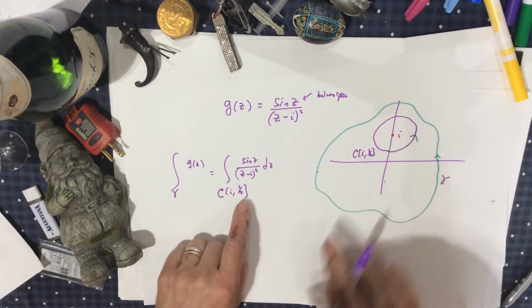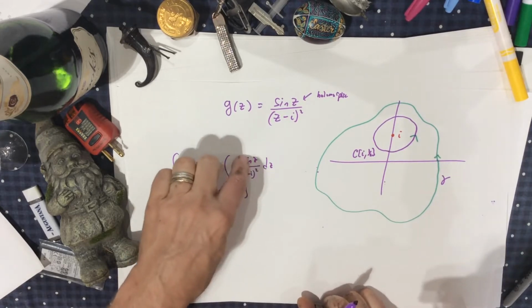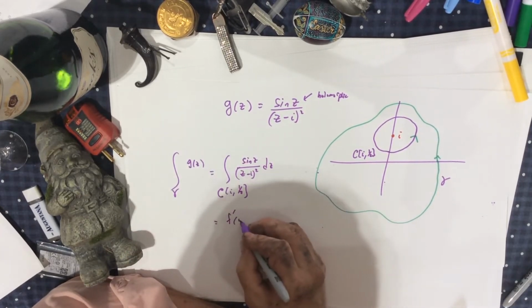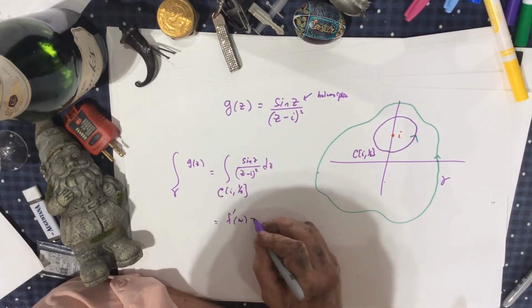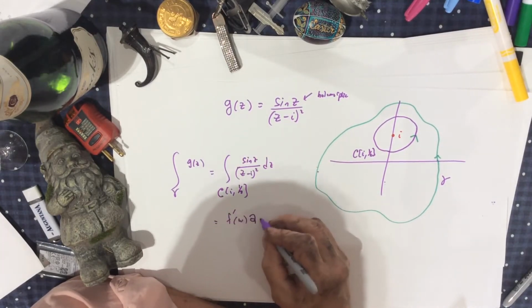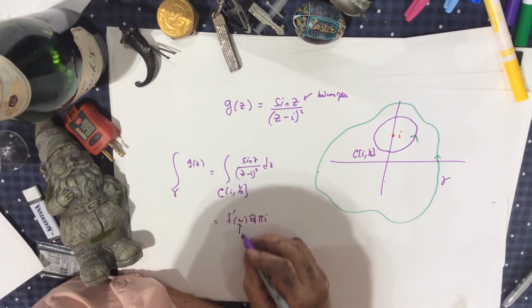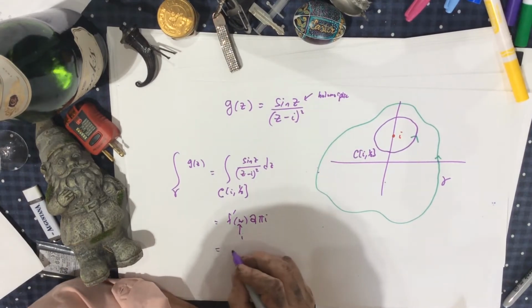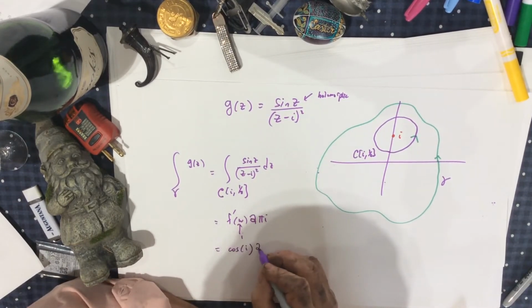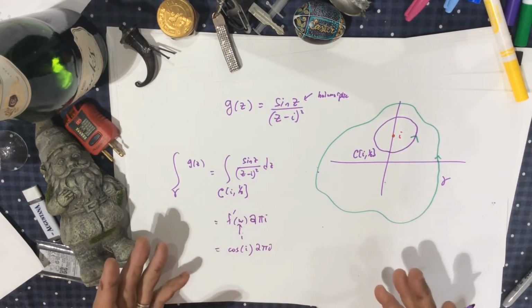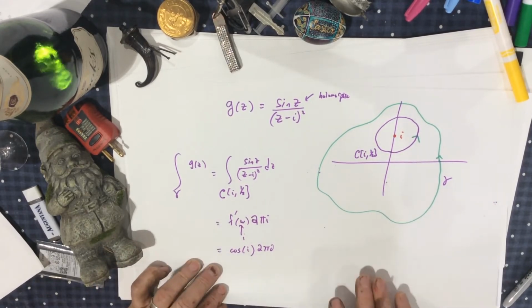It's centered at the place which causes that to be 0, and that's an analytic function. Therefore, the answer to this is f prime of w times 2 pi i, and w is i. Well, the derivative of sine is cosine i, 2 pi i, and just like that, we have determined a value for the function by evaluation and a derivative.